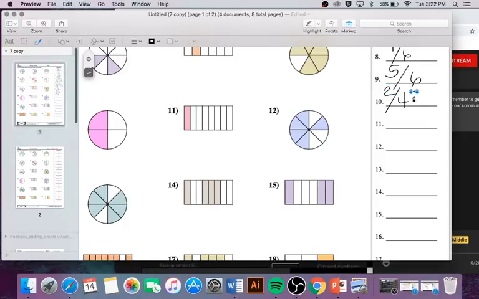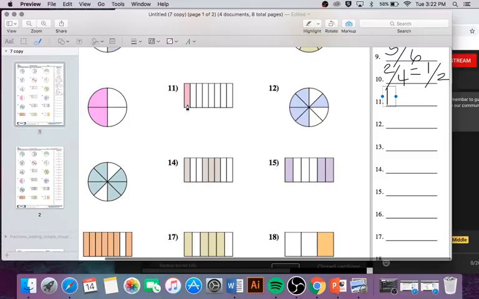Our greatest common factor that goes into both 2 and 4 is 2. 2 divided by 2 is 1. And 4 divided by 2 is 2. So our fraction in simplest terms is 1/2.